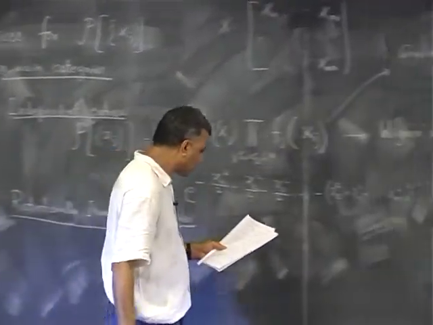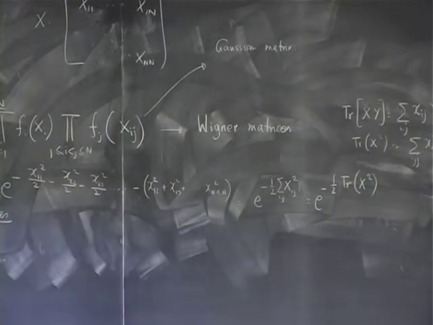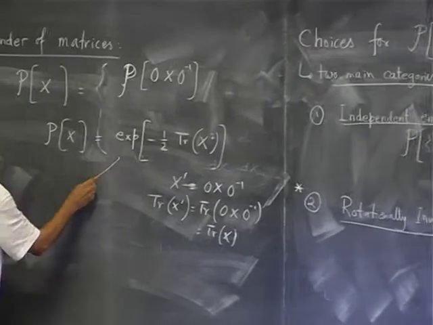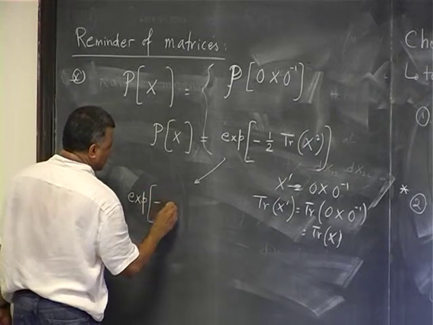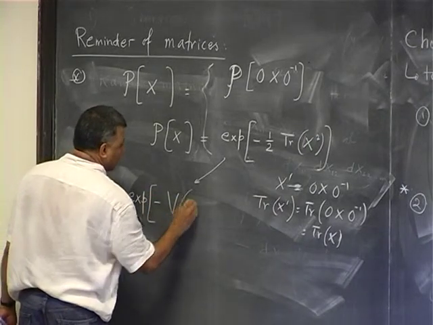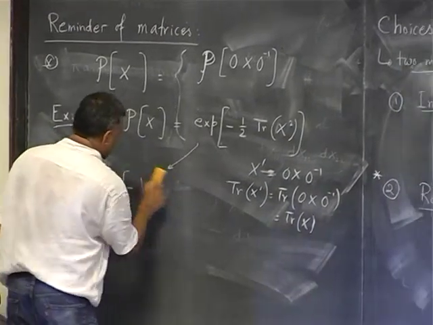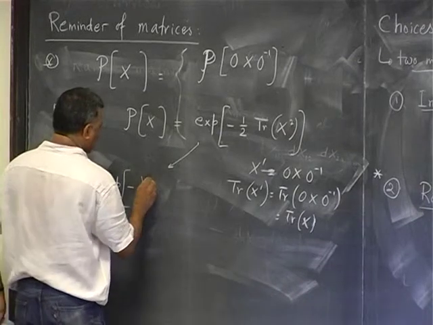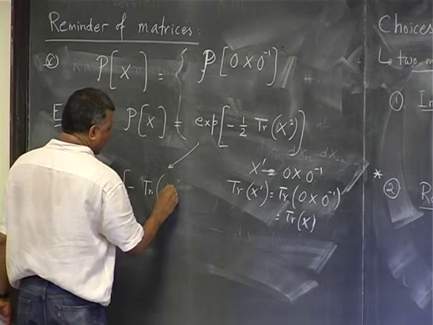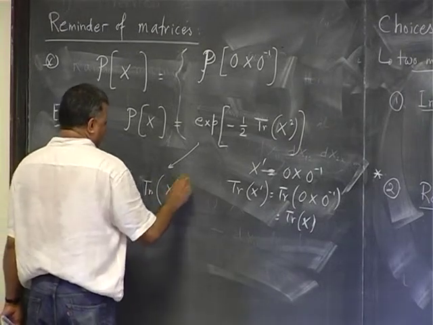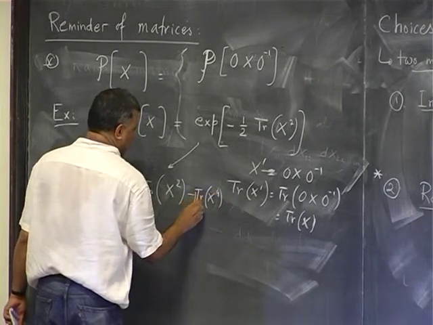And you could choose many other things. For example, we'll see later that you could choose any arbitrary function. Let's say I choose minus some arbitrary function v of the trace of x squared, or I could choose a trace of x squared, then trace of x fourth, for instance, with some constant v.